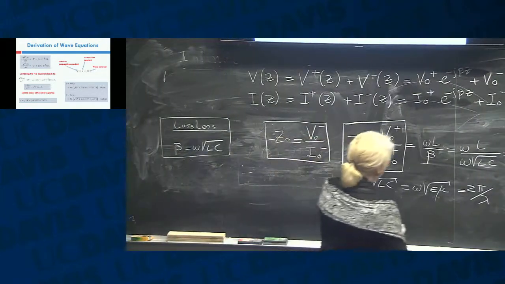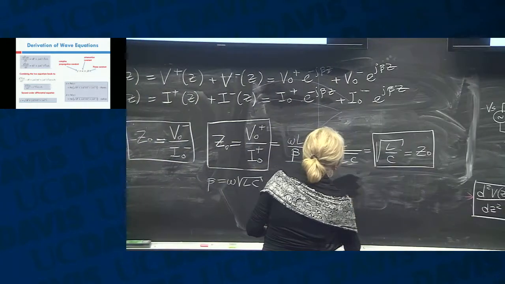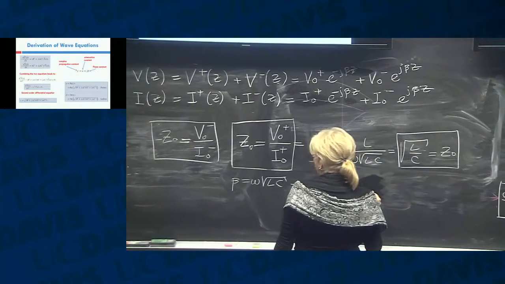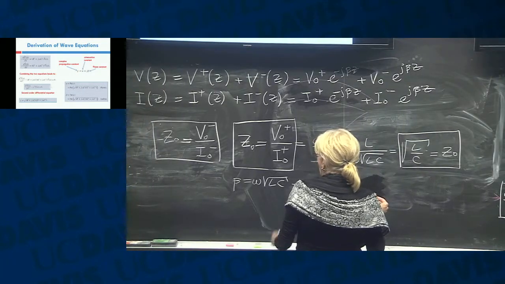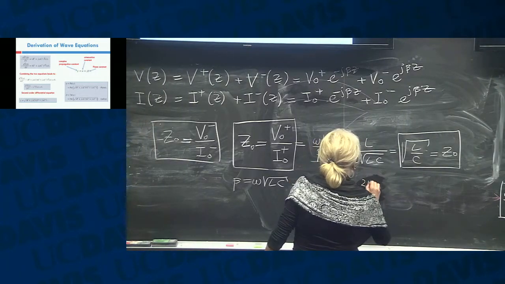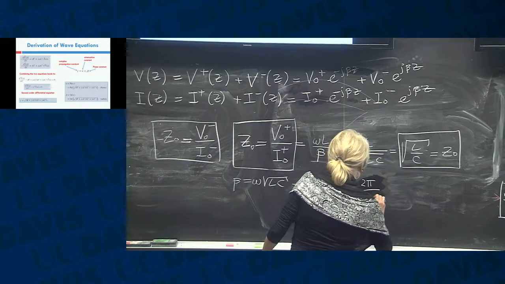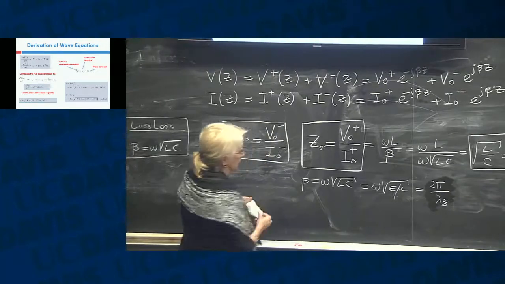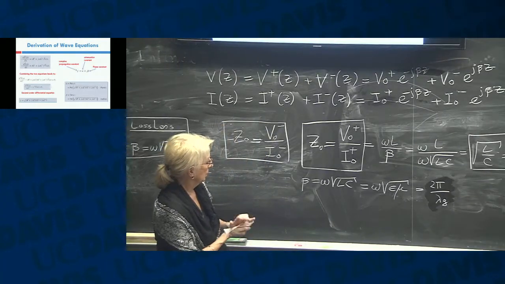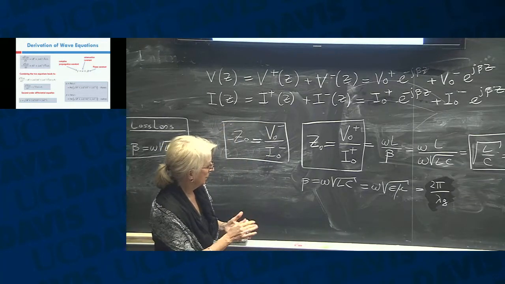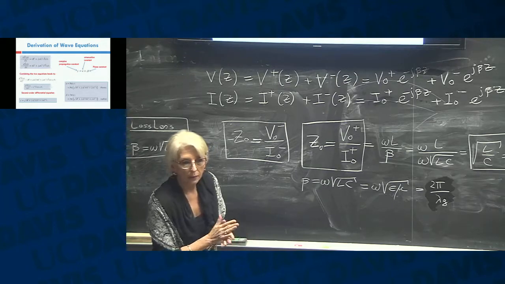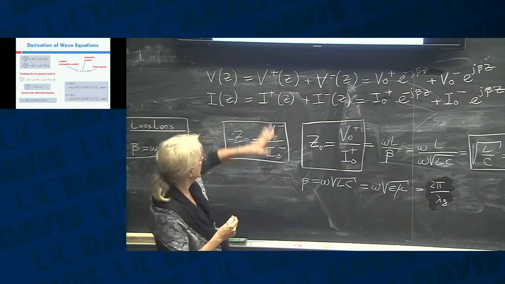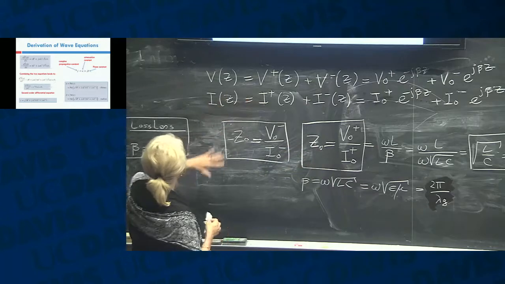In fact, excuse me, I need time to do that. Yeah, or 2 pi over lambda g, not lambda guided. Any questions? These are fundamental.